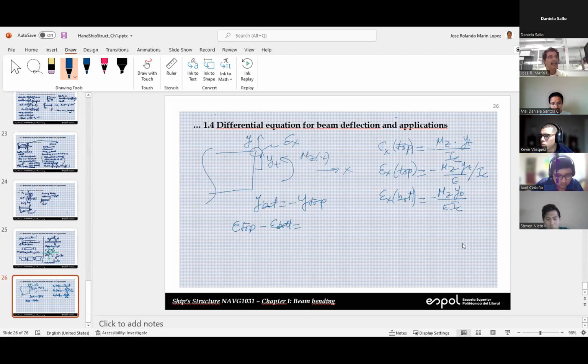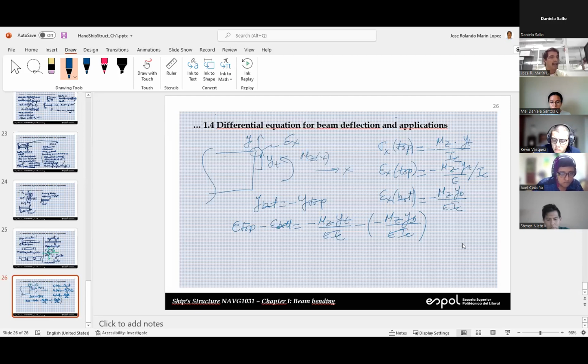You can say that minus Mz y at the top over E I sub c, we are subtracting minus Mz y at the bottom over E I sub c.